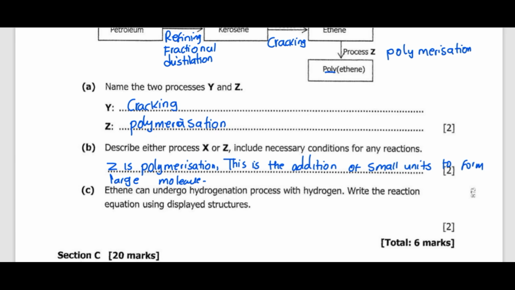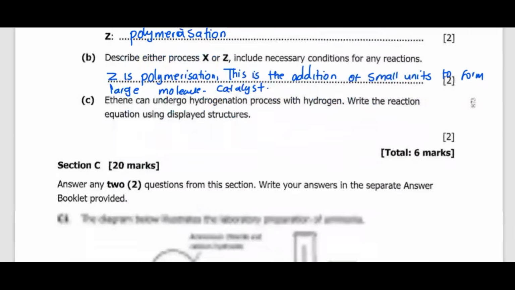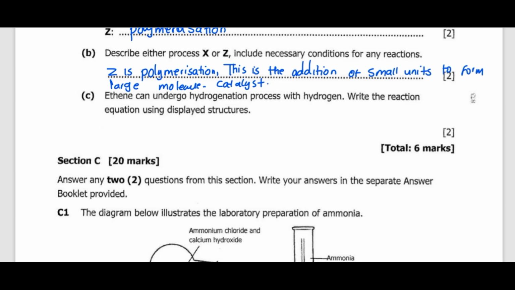The condition is we need a catalyst here, given the temperature. Then for C, ethene can undergo the hydrogenation process with hydrogen.